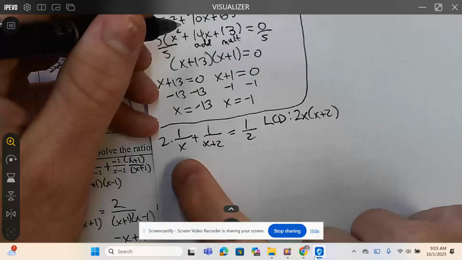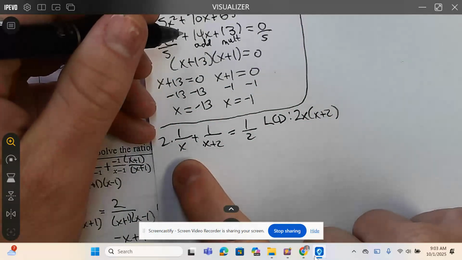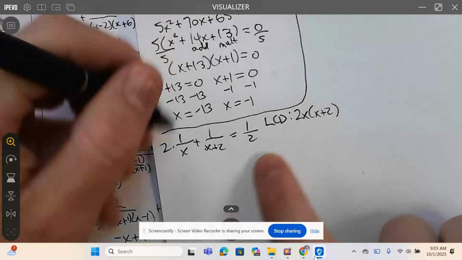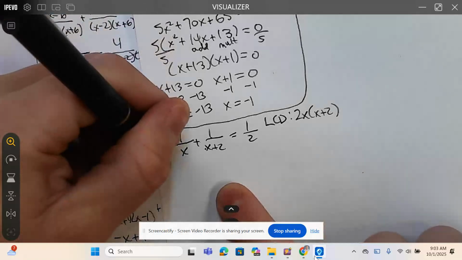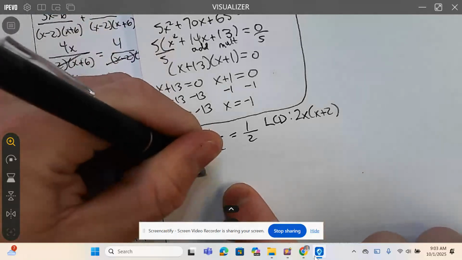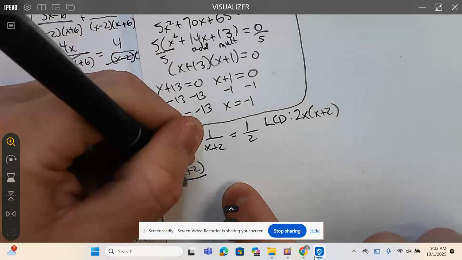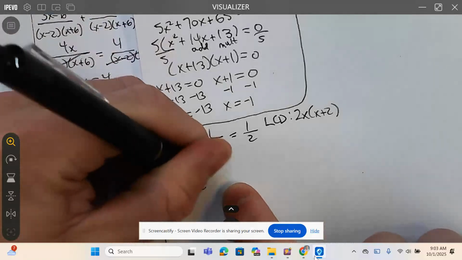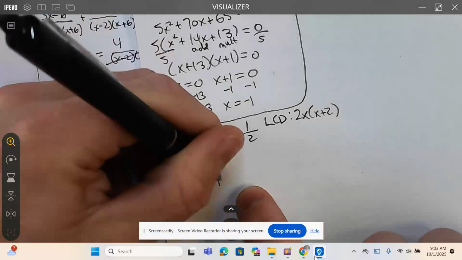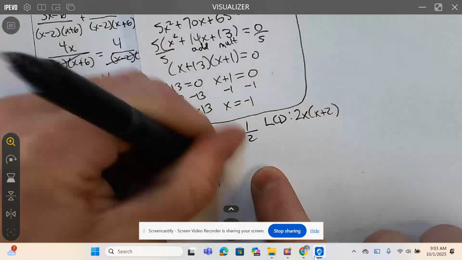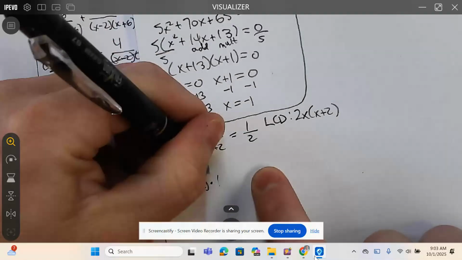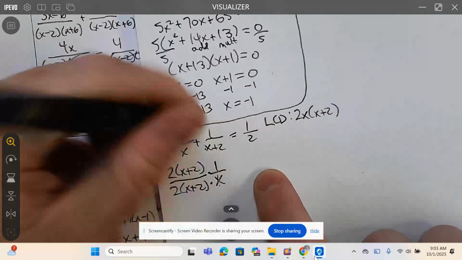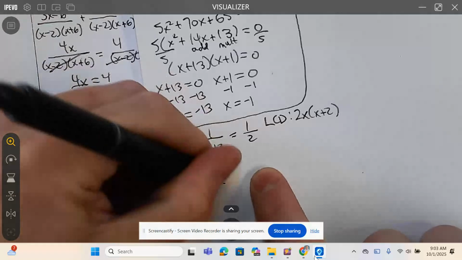So this one has x. What does it need? It needs 2 times x plus 2. So I'm going to have to rewrite this. Times x. 1 over x. Okay, the second one, that is x plus 2.